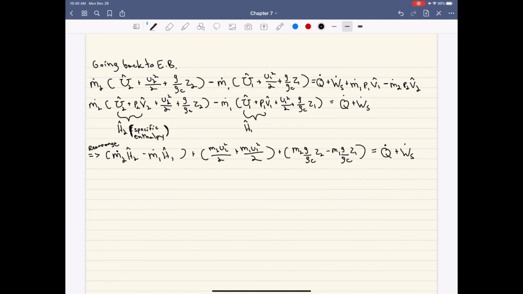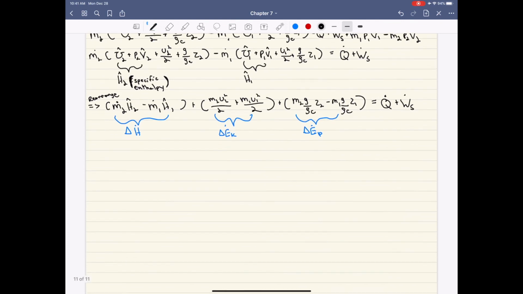Now that I have output minus input here, I can say that everything in this first parentheses is just what I'll call delta H. Everything in the second is what I'll call delta EK, and everything in the third is delta EP.